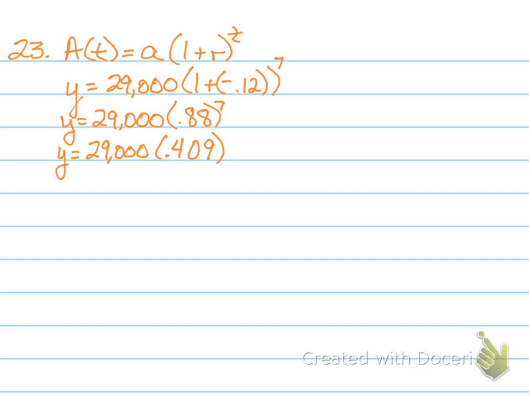Okay, so y is equal to 29,000 times 0.409, which gives me $11,861 after 7 years.